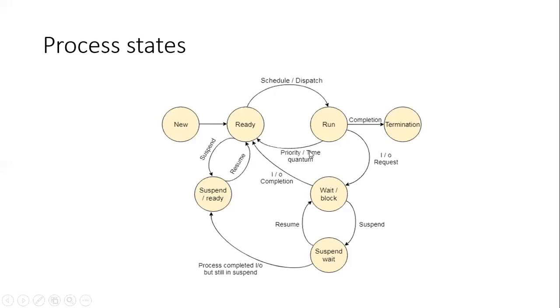Let us now come back to this arrow: priority, or time quantum. What does that mean? There are two types of processes: normal user processes, and system processes. In general, system processes have higher priority than user processes. Which processes can you consider system processes?